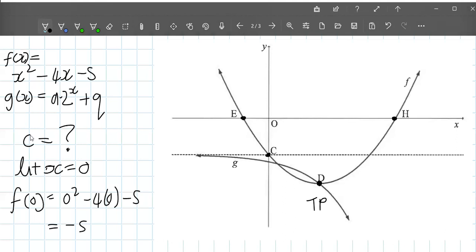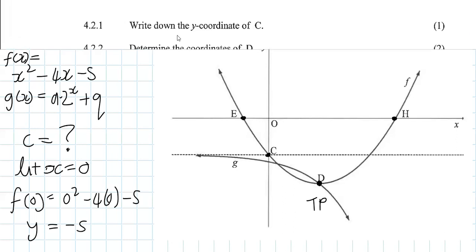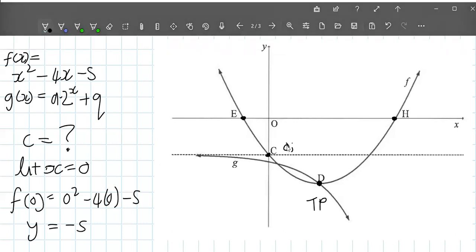So the y-intercept will be minus 5. y will be equal to minus 5. Write down the coordinates of C, so the y coordinate is minus 5, but anyway, if we want to write it in here, the coordinate would look like this.